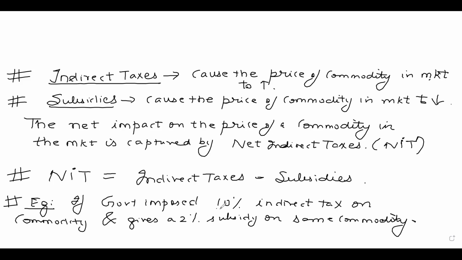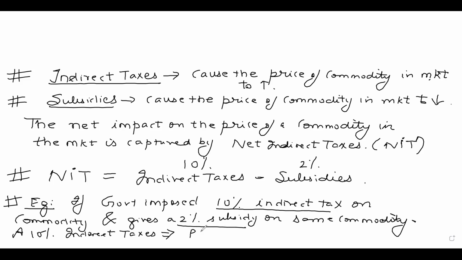When the government is imposing a 10% indirect tax, price is going up by 10%. And when the government is giving a subsidy, price is going down by 2%. So I can say a 10% indirect tax implies that price increases by 10% and a 2% subsidy implies that price falls by 2%.